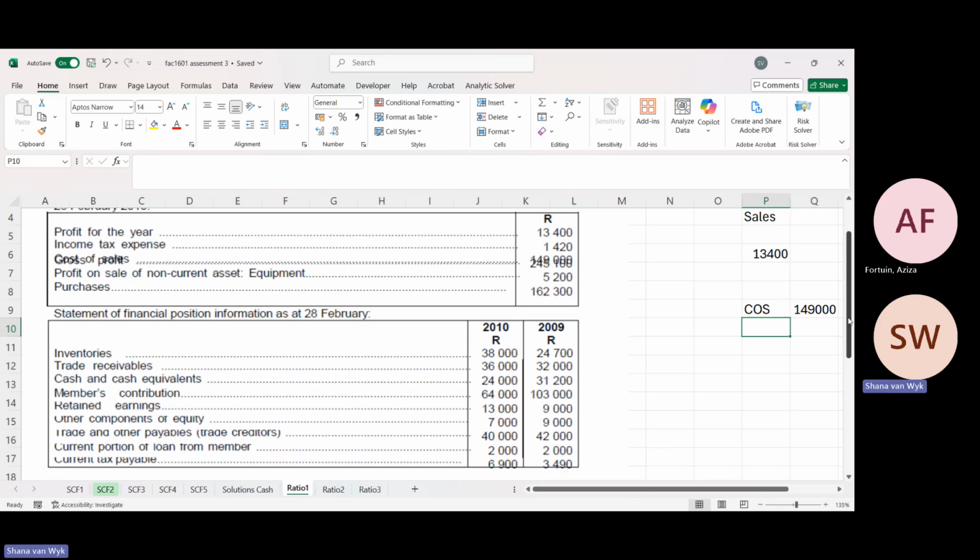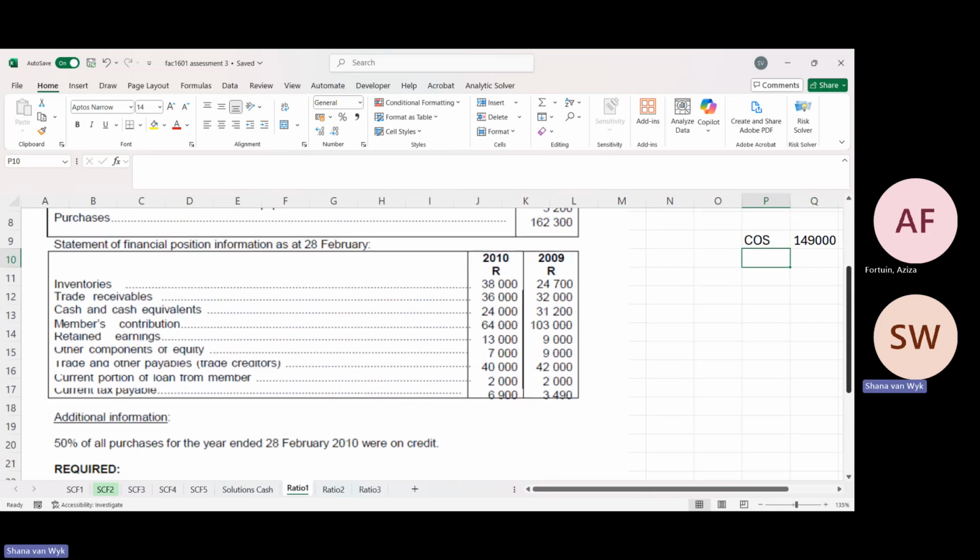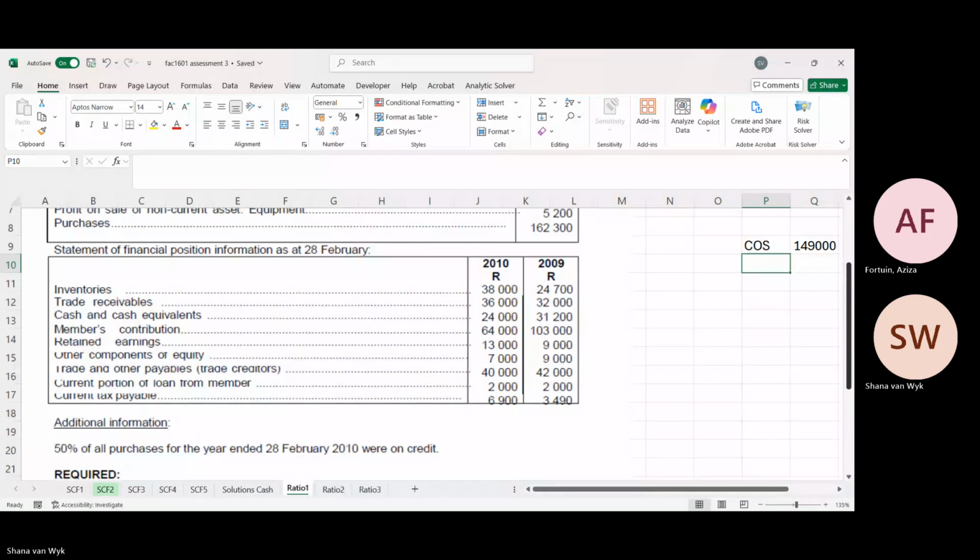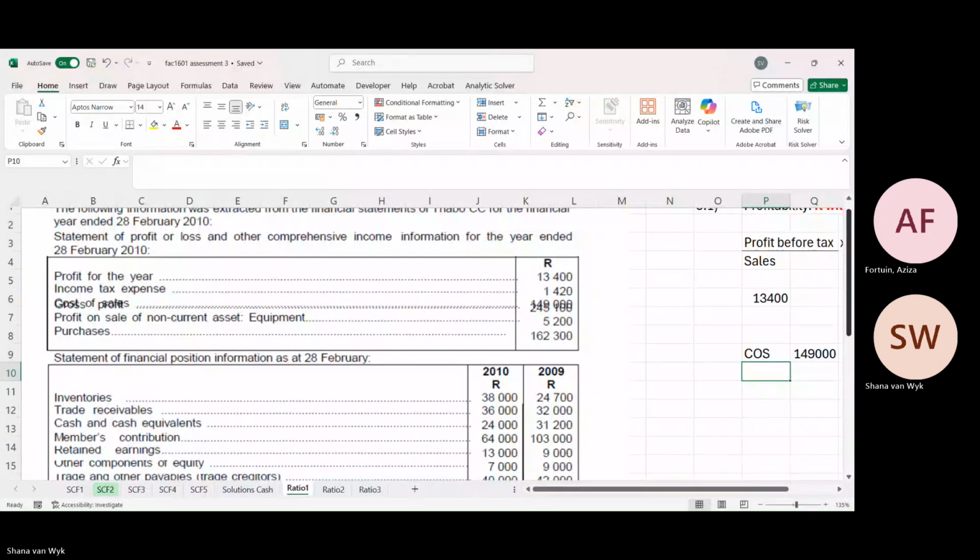And they did mention that 50% on credit. Okay, but we have a profit. Purchases. Check.